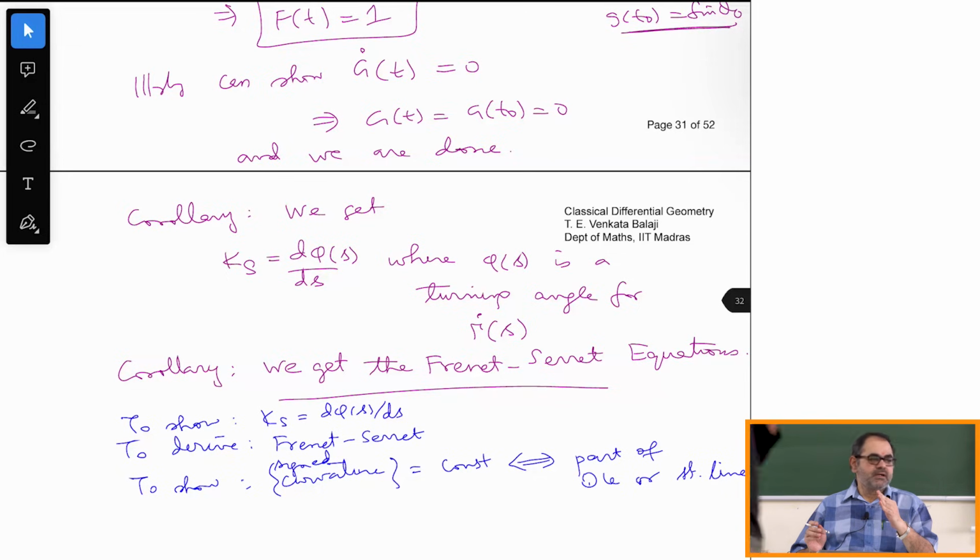The turning angle is the angle that the unit tangent vector makes with some fixed direction. If the unit tangent vector is turning anti-clockwise, then this angle is increasing, and the rate of change of this angle is positive. In fact, the rate of change of this angle is the signed curvature.